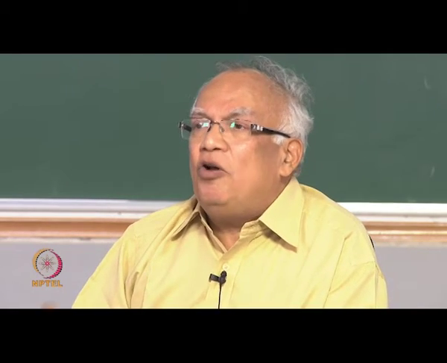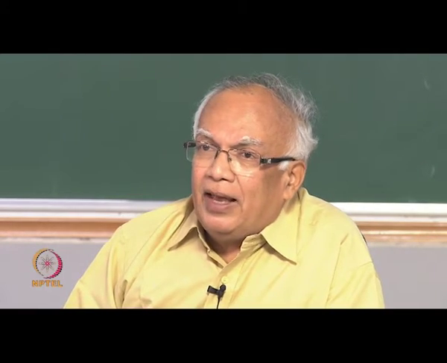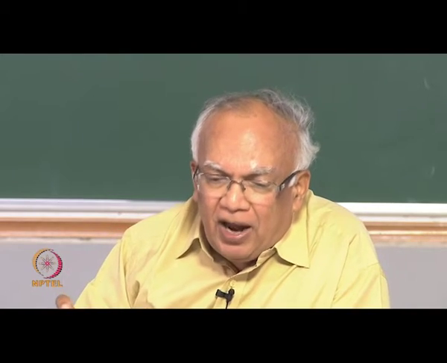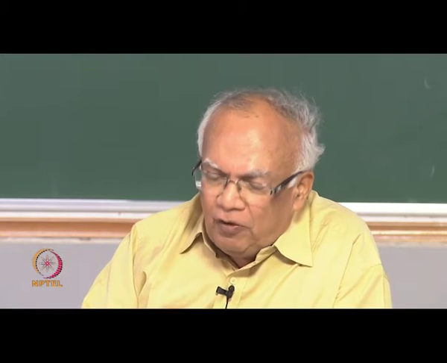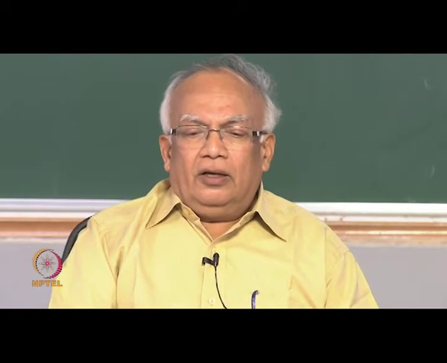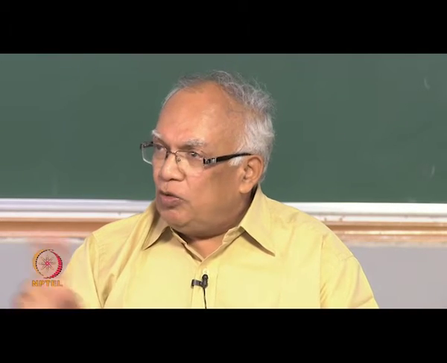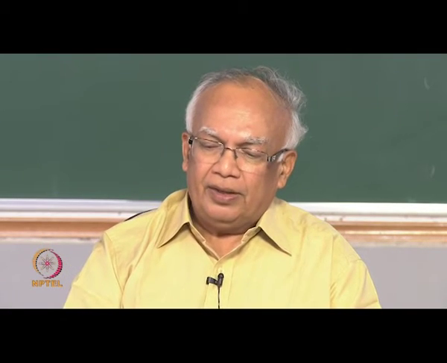The soluble part we already know how to do in quantum mechanics, you know it from your first course in quantum theory. So, it is the difficult part, and that is the focus in the Dirac picture. If there were no electron interaction, then the interaction picture wave function becomes time independent, and you get a result similar to the Heisenberg picture, but that is a special case when there is no electron interaction.